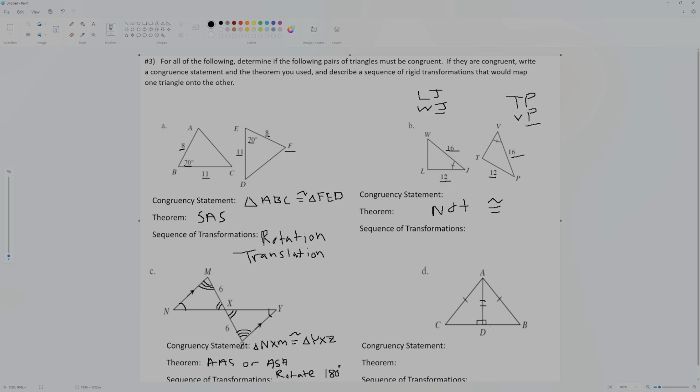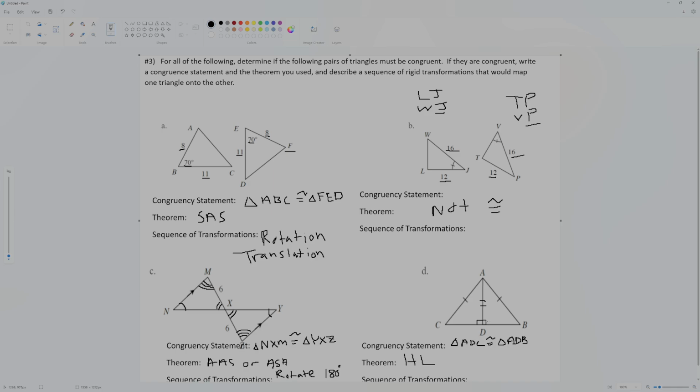This is called the reflexive property. So these two are congruent. We would do triangle ADC is congruent to triangle ADB. And these two would be congruent by the hypotenuse leg theorem.